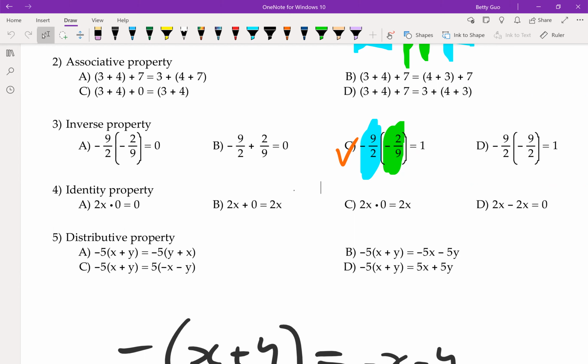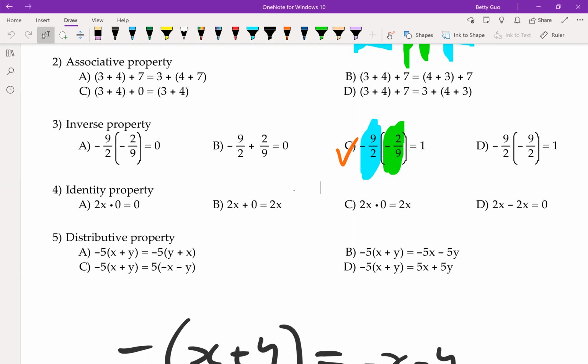Opposites is also called additive inverse, right? 2x and negative 2x, additive inverses, add up to additive identity 0. So part D is more like an inverse property. Part B is identity property. Does that make sense? So that is identity property.